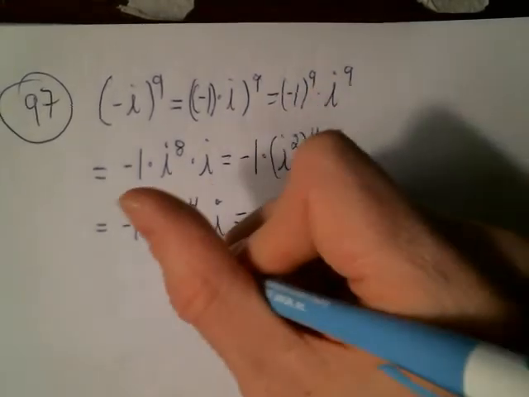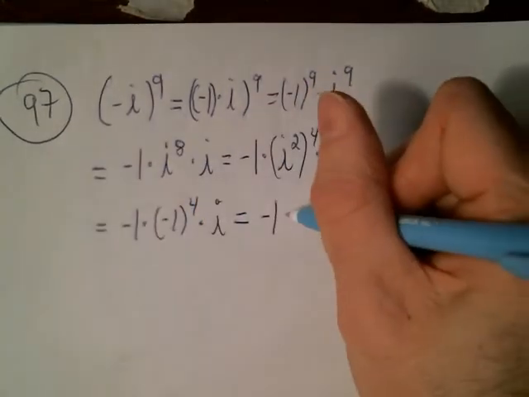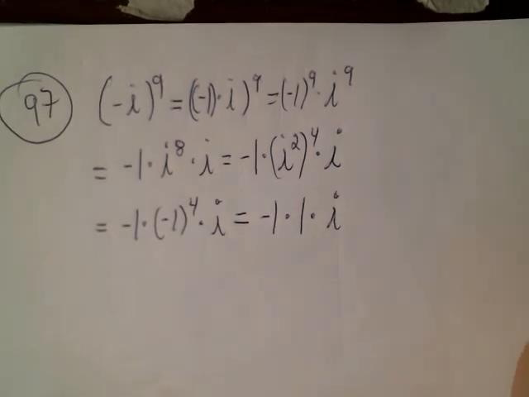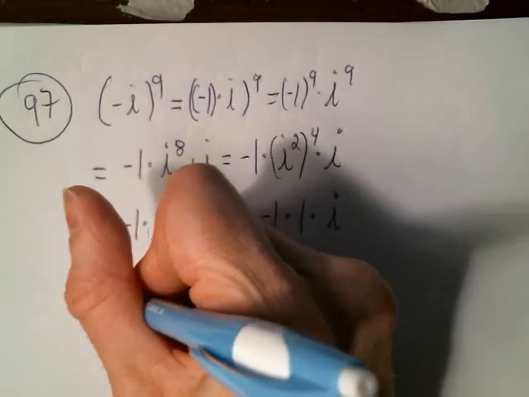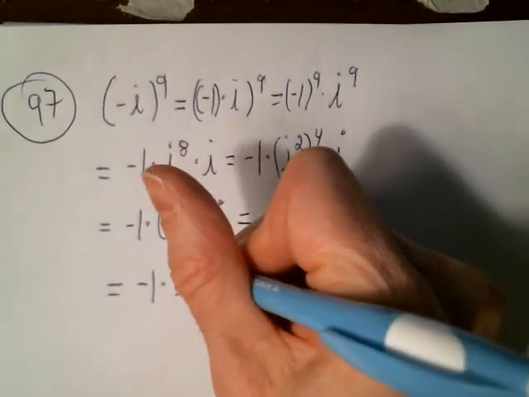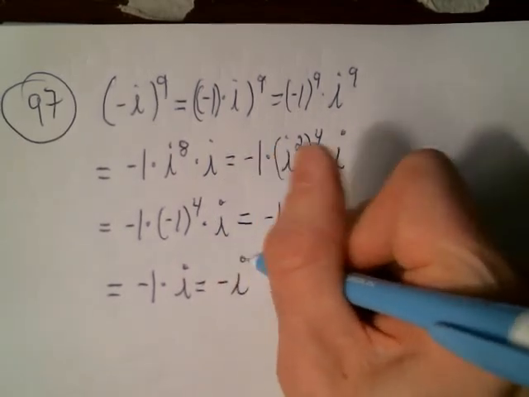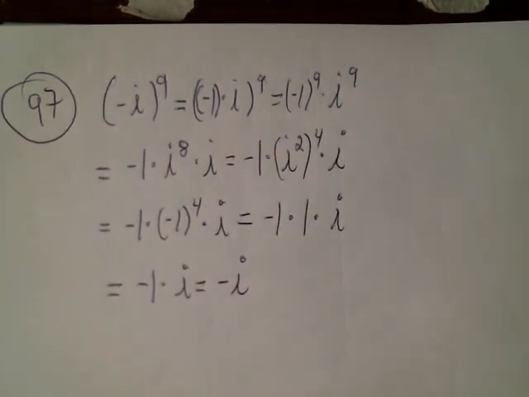So you have -1 times negative to an even power will be +1 times i. -1 times +1 is -1 times i. And -1 times i is just -i.